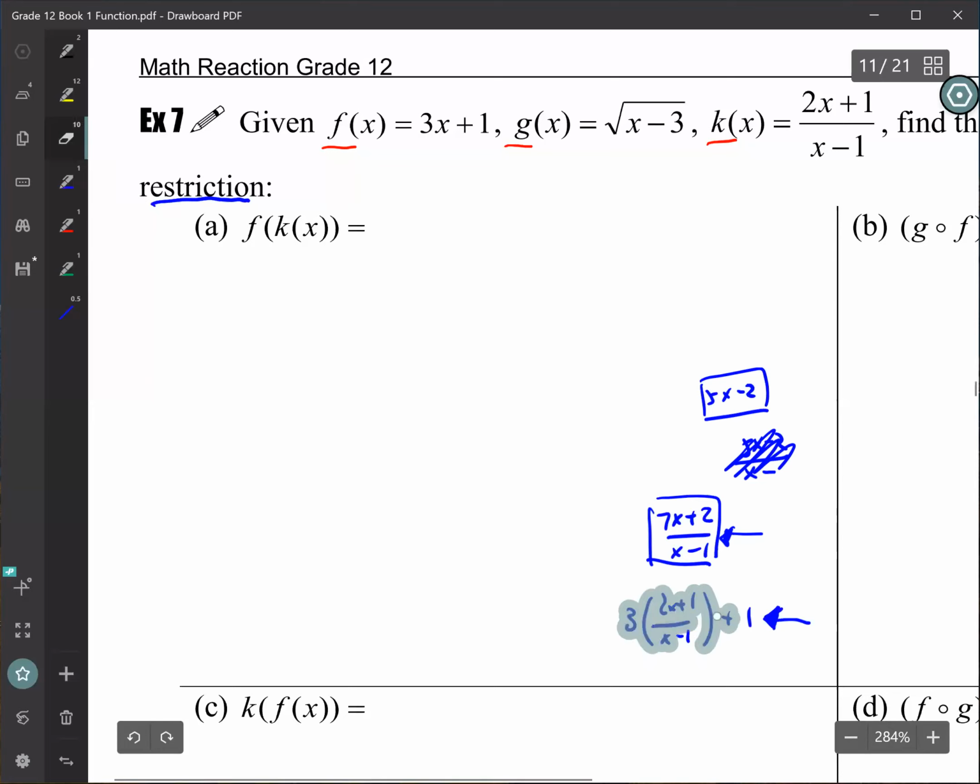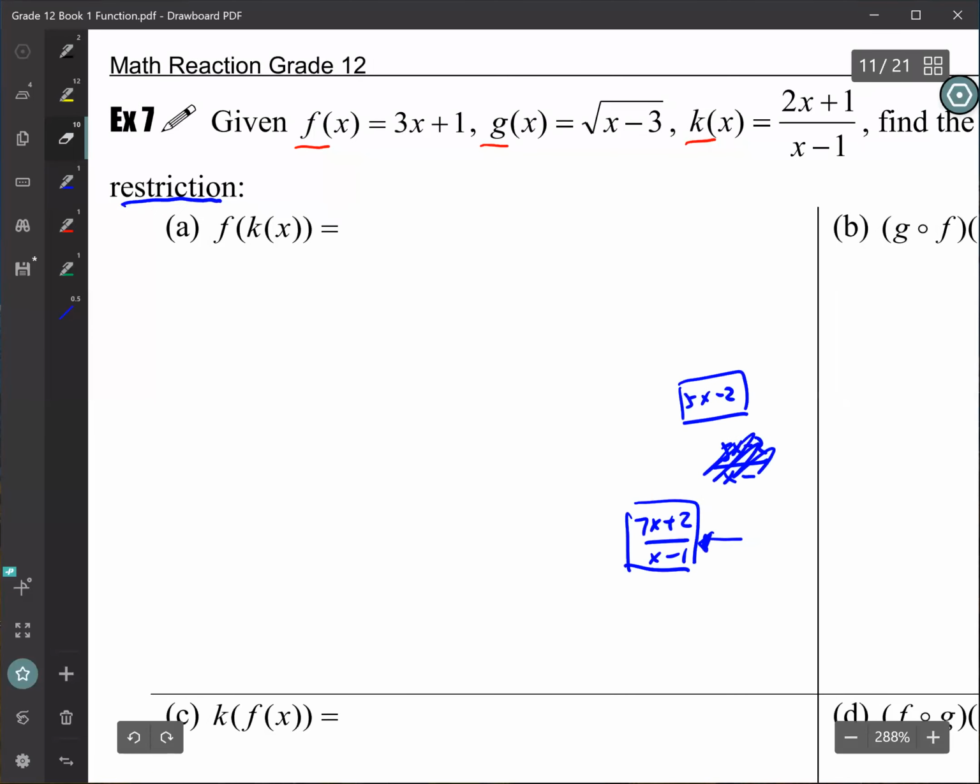Let's not move on to B yet. We need to make sure you know how to simplify first. So we start from K, right? K needs to go inside, so it will become F of K. K is 2x plus 1 over x minus 1. You treat this as your input.